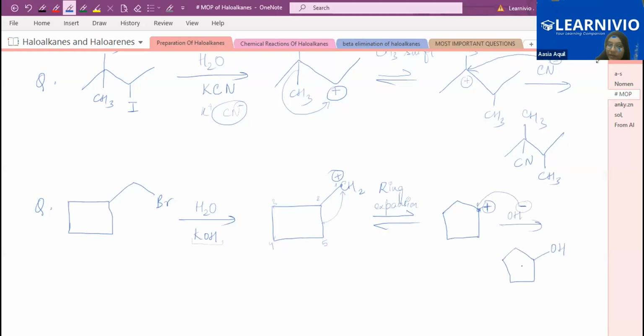Yeah. So when there is a cyclic type of structure, if there is a ring, what you are supposed to do is just ring expansion. If it is a four-membered ring, then just make it a five-membered ring, right? So it's very easy. And after the ring expansion, just attack the nucleophile. After that, you have to make the nucleophile attack. Is it clear?